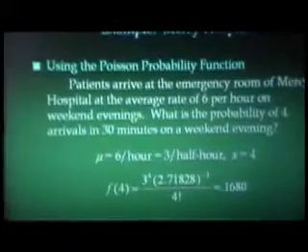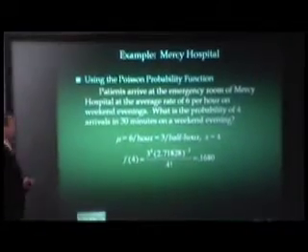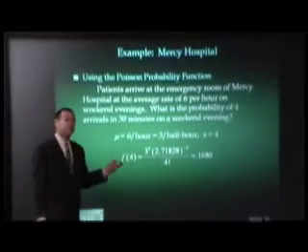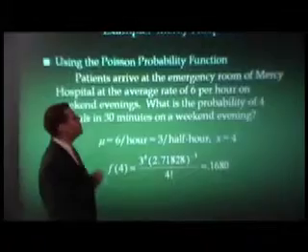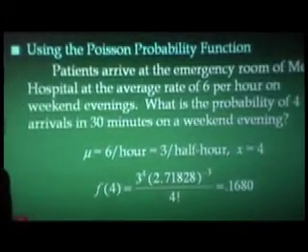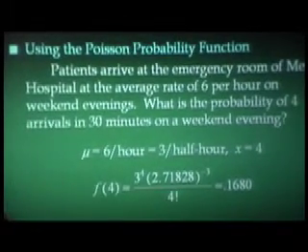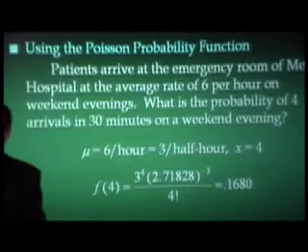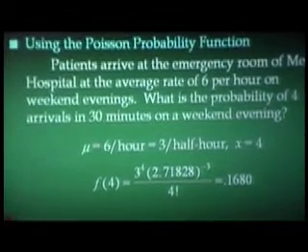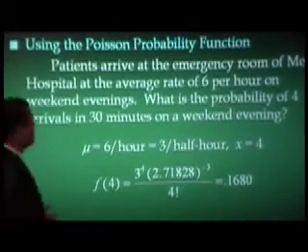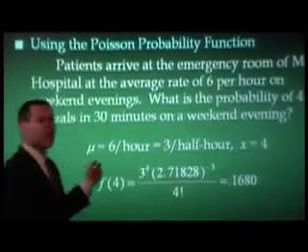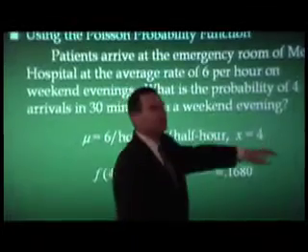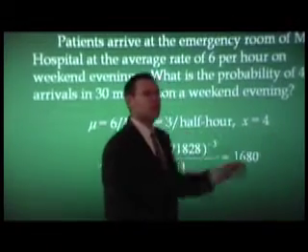Well, as an example, we can count the number of people that show up at an emergency room, and if you do this long enough, you can calculate that the average rate of arrivals is 6 per hour. Now look at a half hour. If you have a Poisson situation, you then have, on average, 3 per half hour, which is now your parameter mu. You're interested in calculating the probability of seeing exactly 4 arrivals in the next half hour.